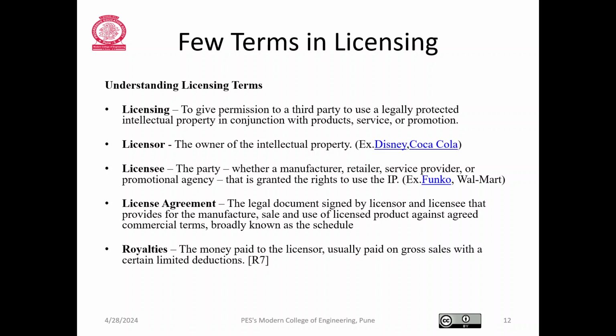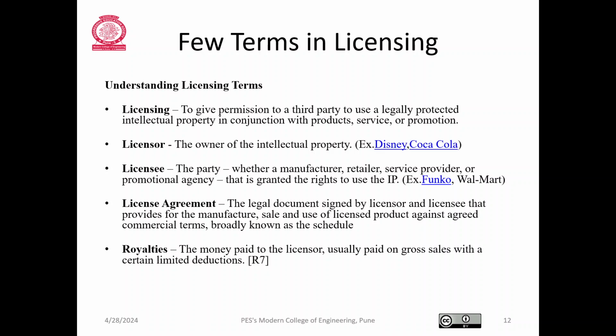What is a license agreement? It's a legal document that must be signed by the licensor and licensee that provides for the manufacture, sale, and use of the licensed product against agreed commercial terms, broadly known as the schedule.